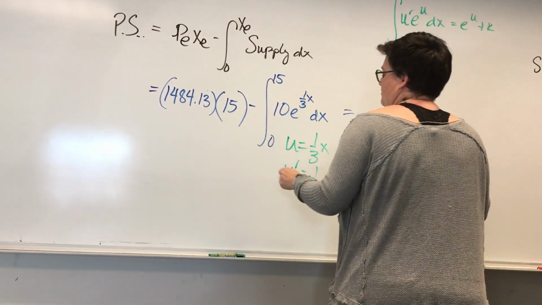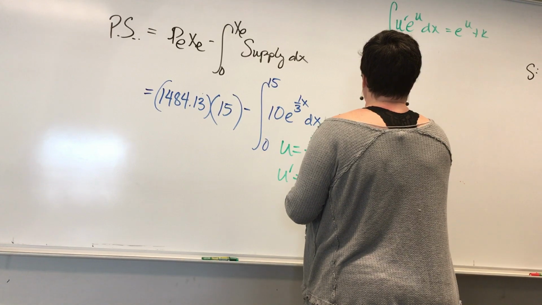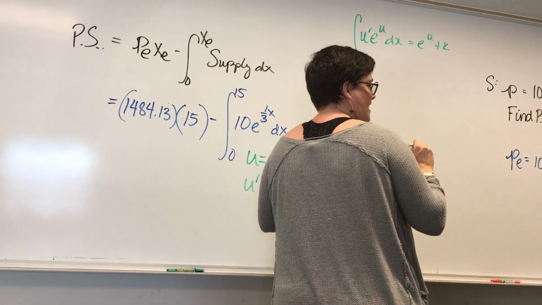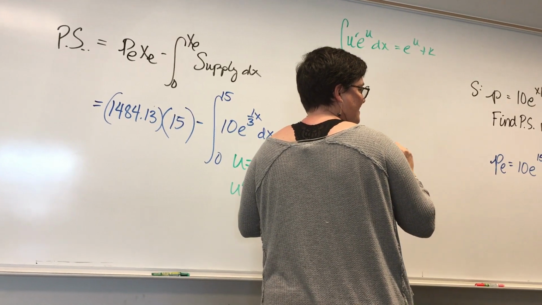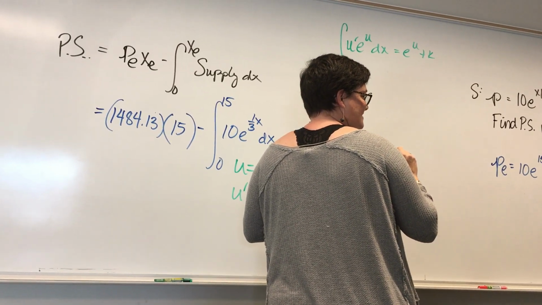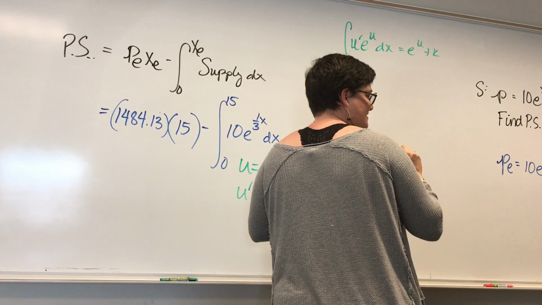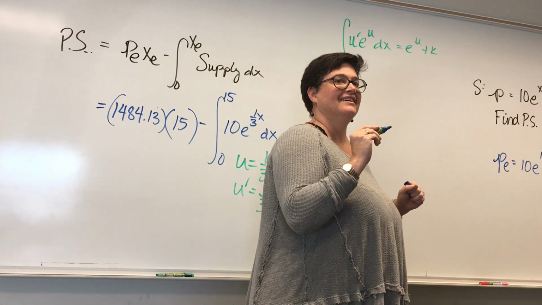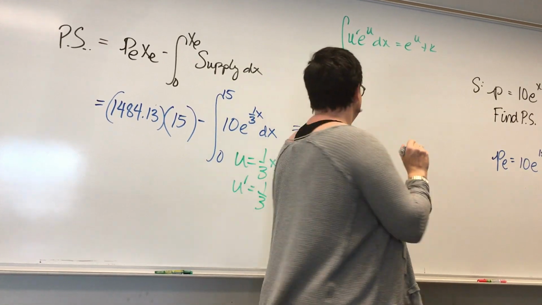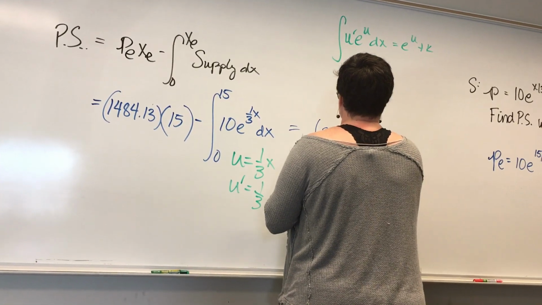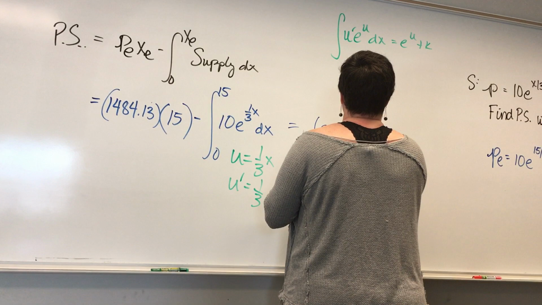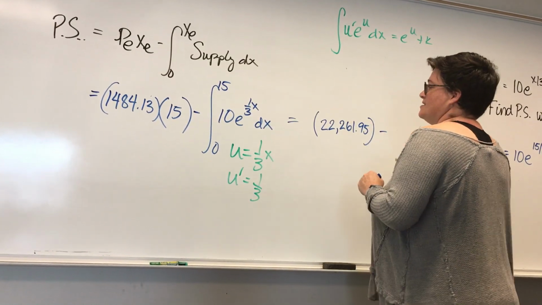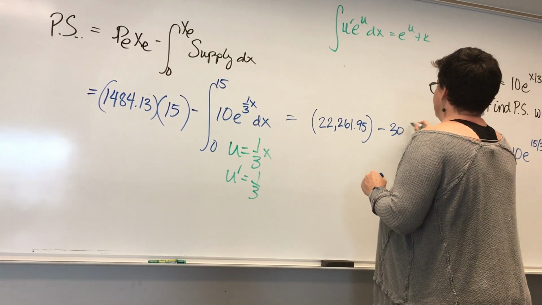What is 1484.13 times 15? All right, so minus 30.